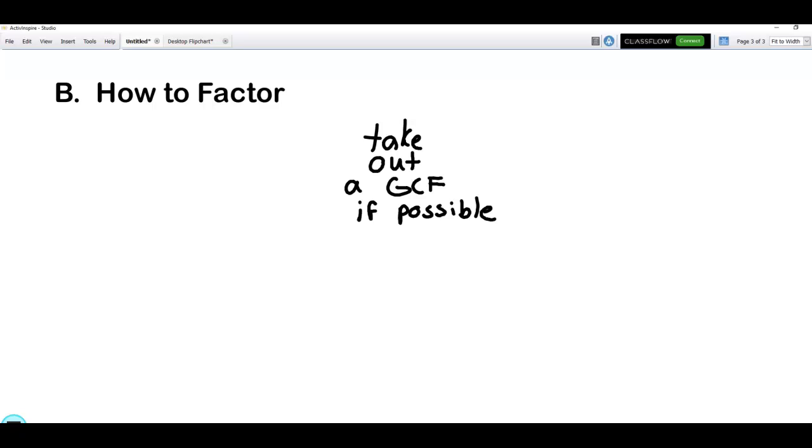But sometimes after you do that, you're still not done. You have more to do. And to factor it some more, it depends on how many terms are in your polynomial. So if you have 2 terms, it could be a difference of squares.